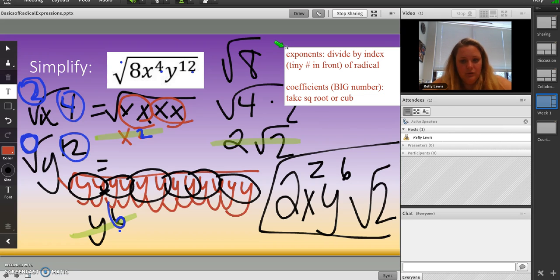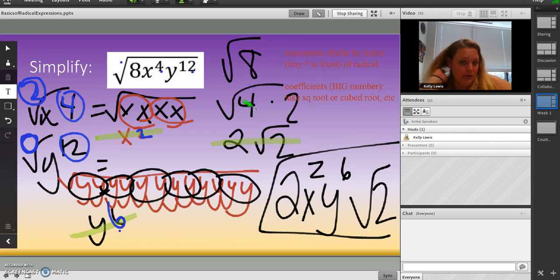For cubed root, etc. All right, so hard to read with that red, sorry. So the exponents divide by the index, like 4 divided by that 2, or 12 divided by that 2. The coefficients, like the 8, take the square root. So square root of 8 or whatever, or square root of 36 or whatever it is.